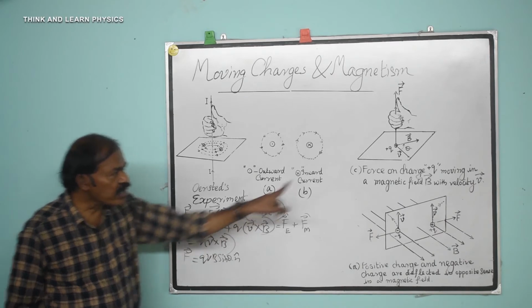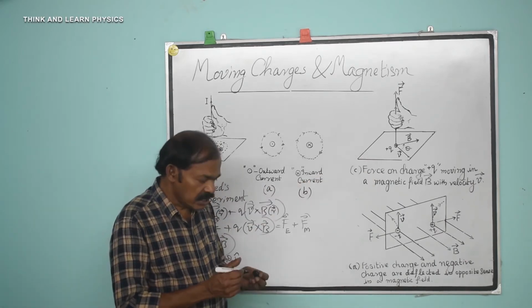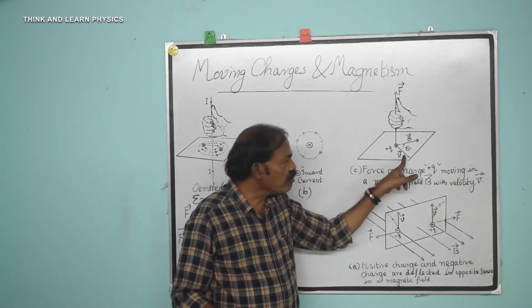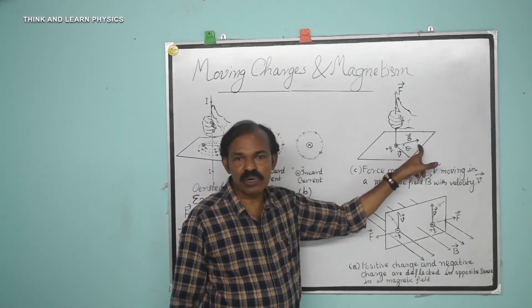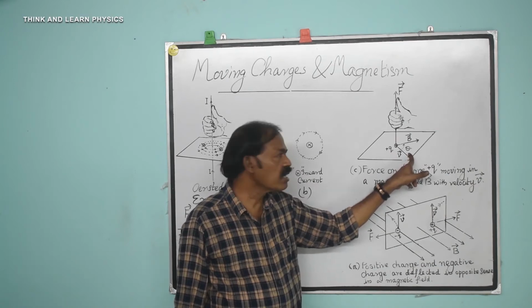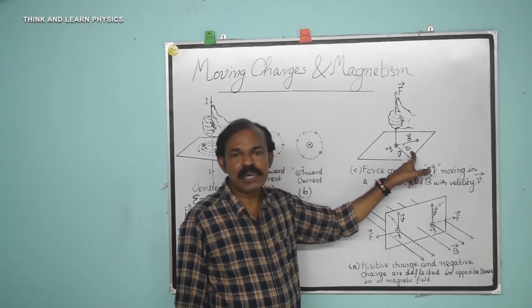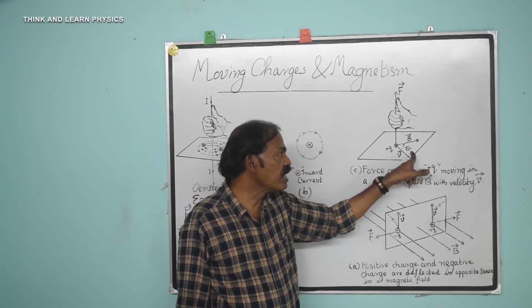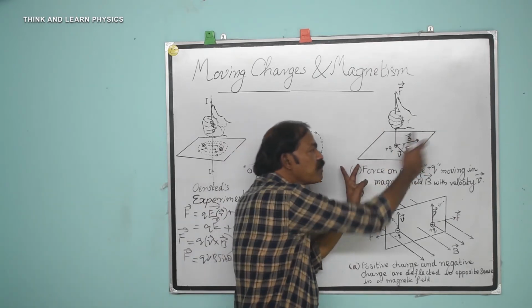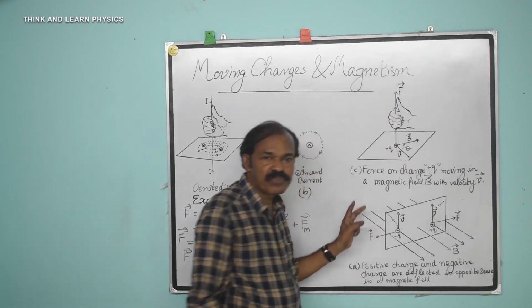This is shown in this figure. Here, if we consider the rotation from V vector to B vector through the smallest angle, that means theta, it appears anti-clockwise when we observe this plane from the top.